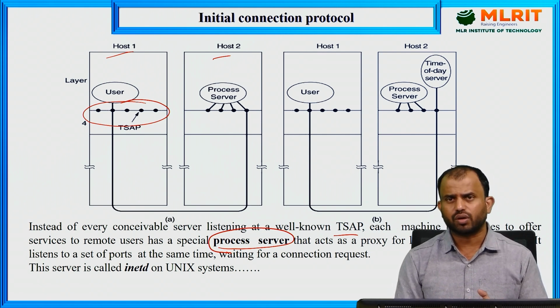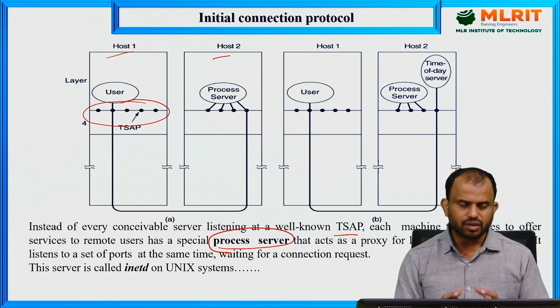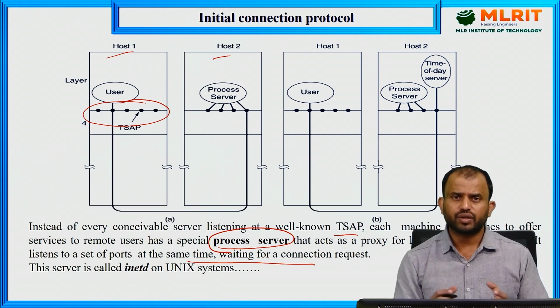It listens for the services. It is a service point, a set of points which we call the transport service access point, a set of ports, waiting for the connection request at the same time.